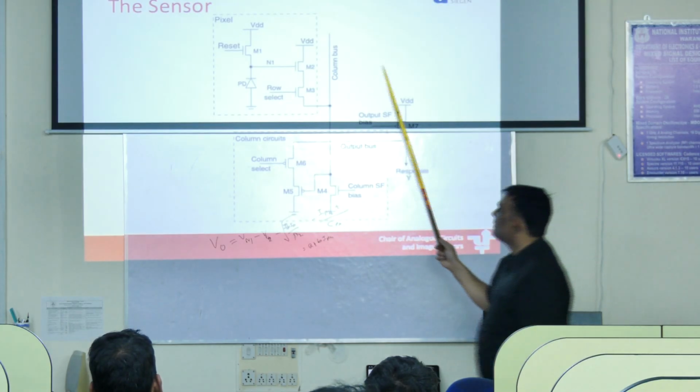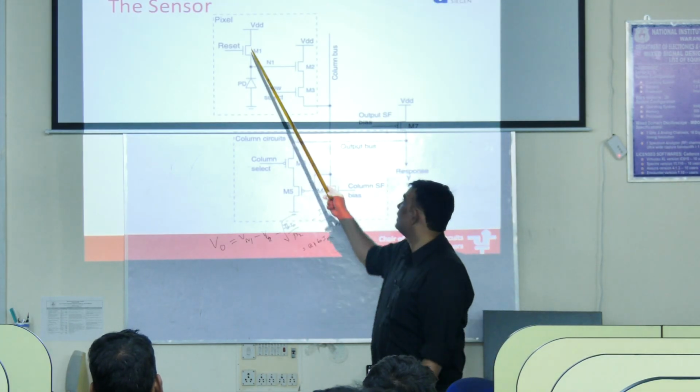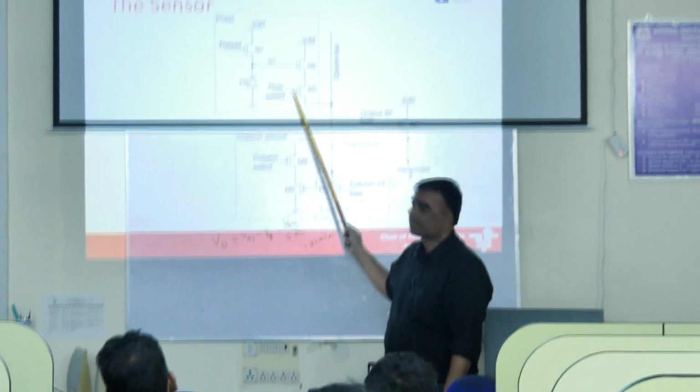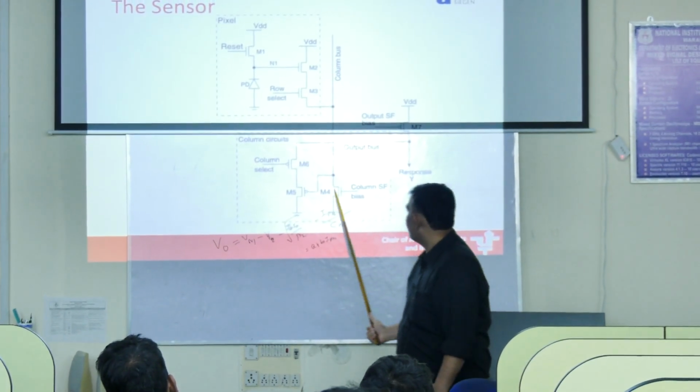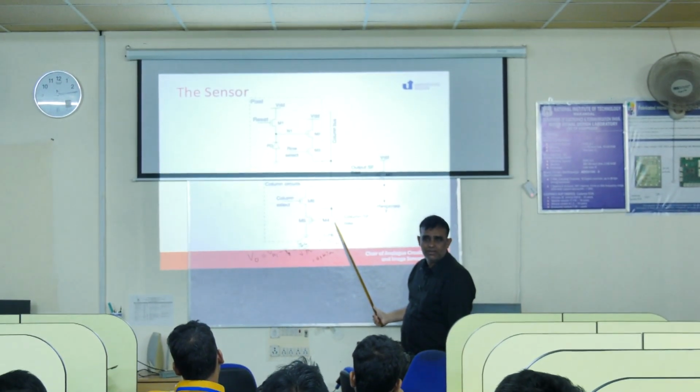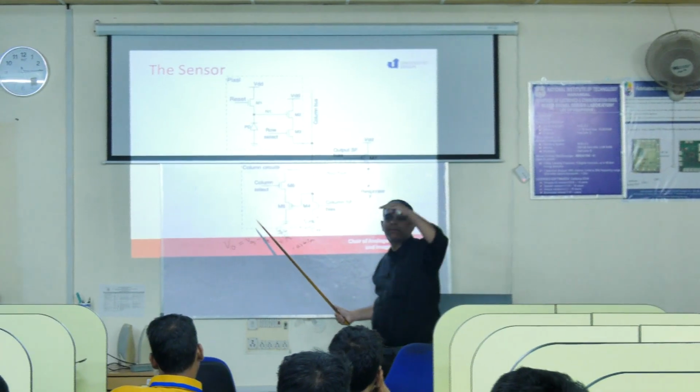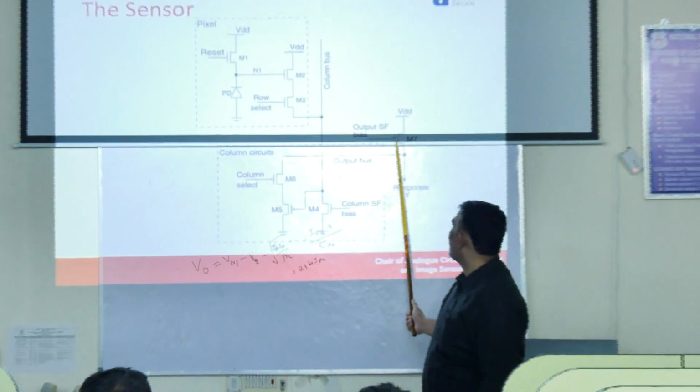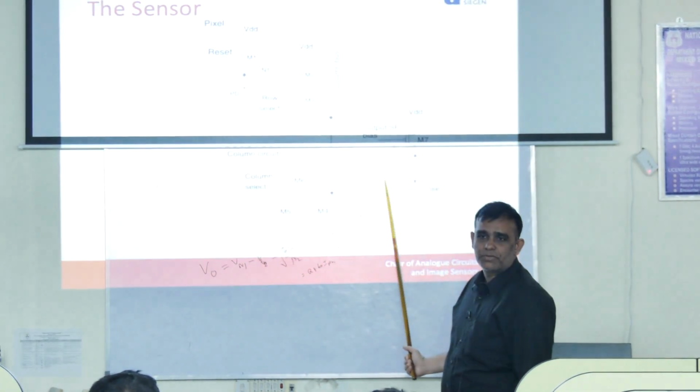So that becomes my pixel. This has got 3 transistors and a diode. On the bottom I have a column source follower bias. The bias could be a current mirror, or it could just be, if you can push it a bit up, and then I can have the output of the whole image.